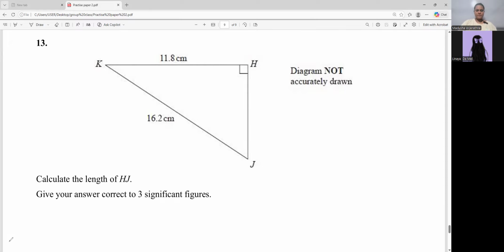Can you do it now? This is 90. Yes, teacher. This is the hypotenuse, so the square of the hypotenuse is equal to the sum of squares of the other two sides. If I label HJ as x, find it quickly.